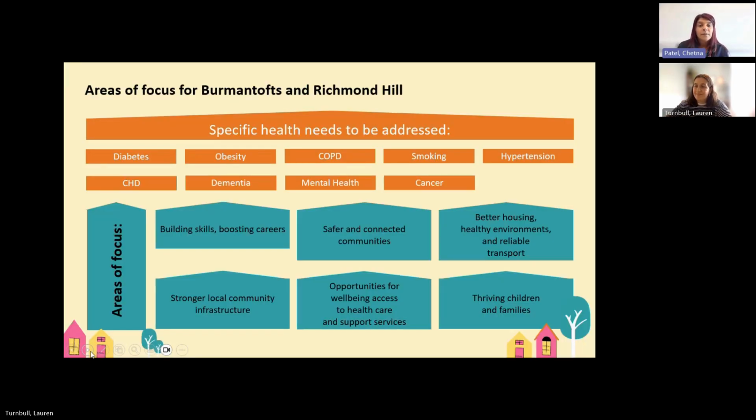So in terms of areas of focus, we've got all the health conditions that I showed earlier, which are within the top 10, and then areas of focus in terms of the wider determinants of health. Just to pick up a few of those, what we've got in the area is a strong infrastructure.